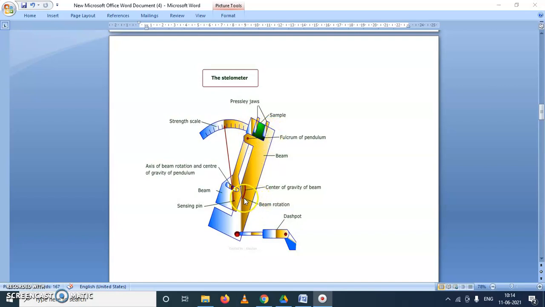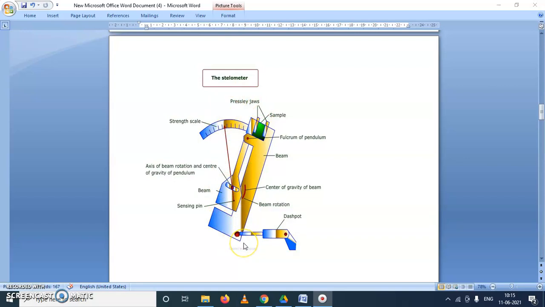Now the CG of the beam, CG is center of gravity, and the property of the center of gravity of any substance is that it tries to go towards the lowest position possible. The design is such that the CG is at this point, and here we have a catch or a stop, and in the initial position this whole assembly is in a vertical position.